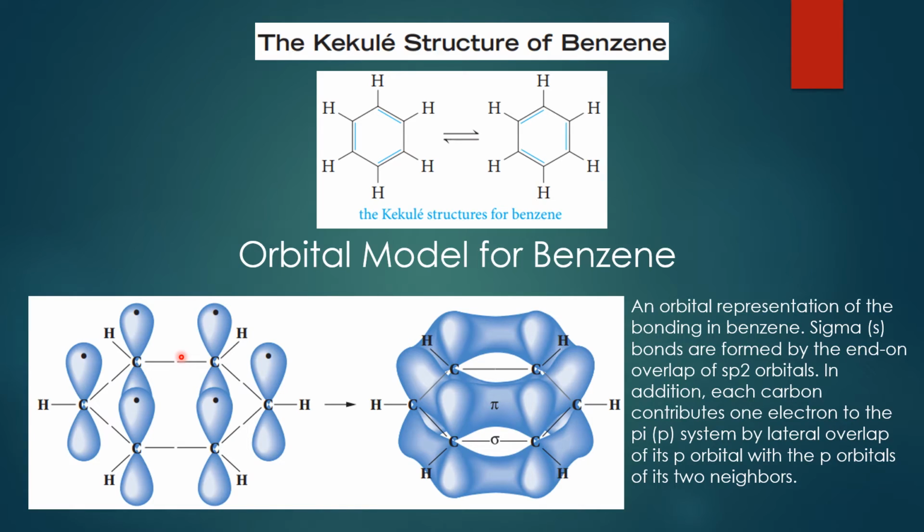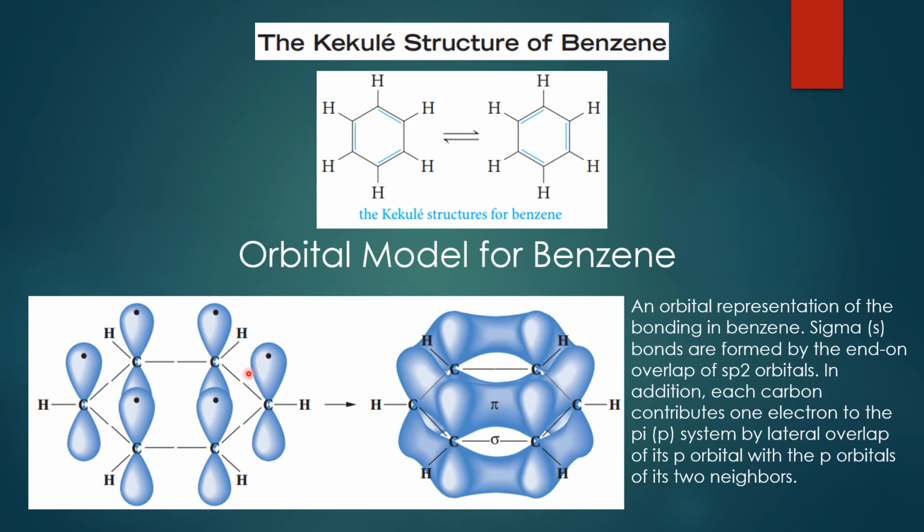Perpendicular to the plane of the three sp2 orbitals at each carbon is a p orbital containing one electron, the fourth valence electron. The p orbitals on all six carbon atoms can overlap laterally to form pi orbitals that create a ring or cloud of electrons above and below the plane of the ring.